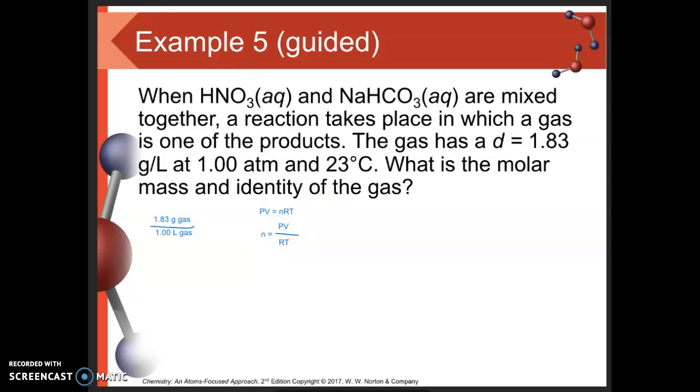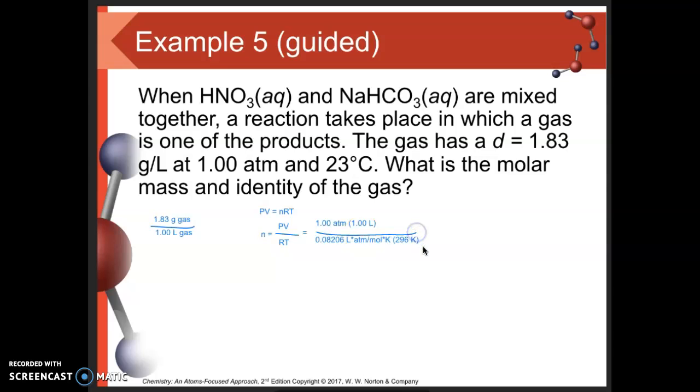So if we take it from this approach, our pressure is 1 atmosphere. Our volume is 1 liter. Our gas constant is 0.08206 liter atmospheres per mole Kelvin. And our temperature, 23 degrees Celsius, is 296 Kelvin.